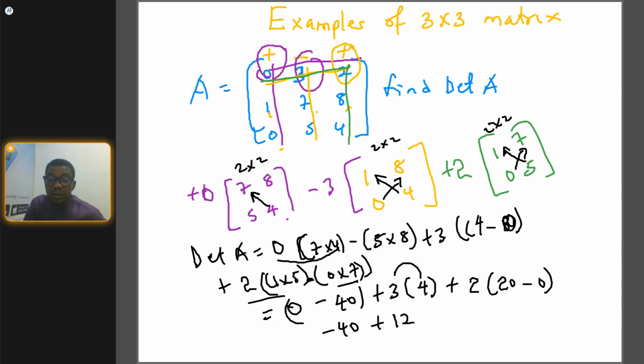That is 12 plus 2 in brackets. Subtracting 0 from 20 is still 20. And when you simplify this, you have minus 40.